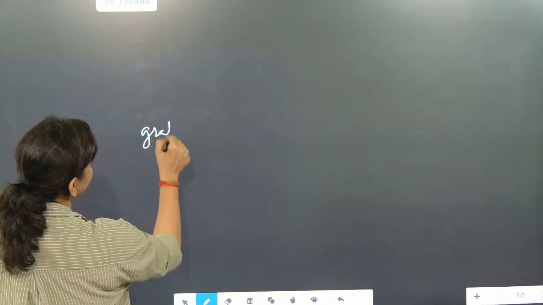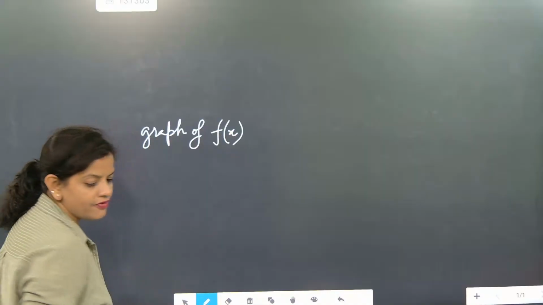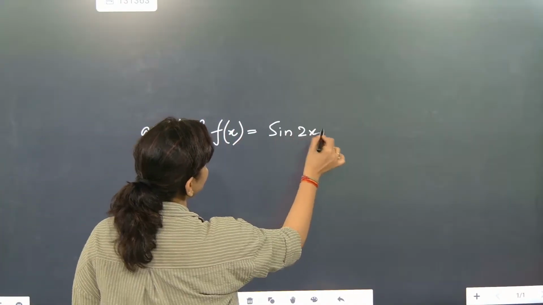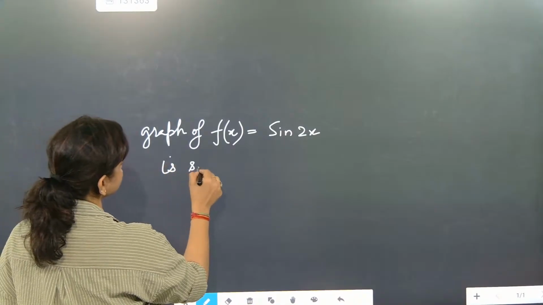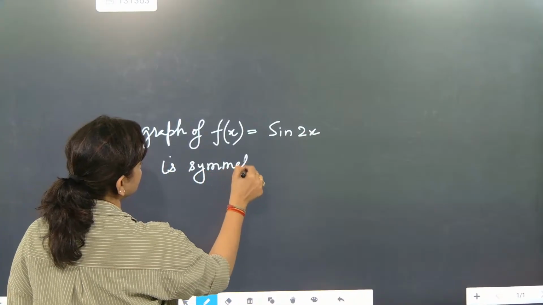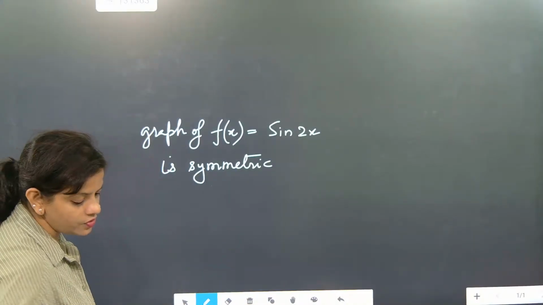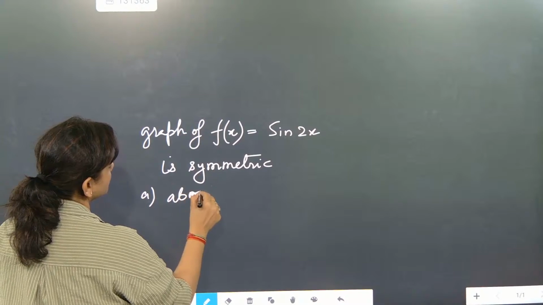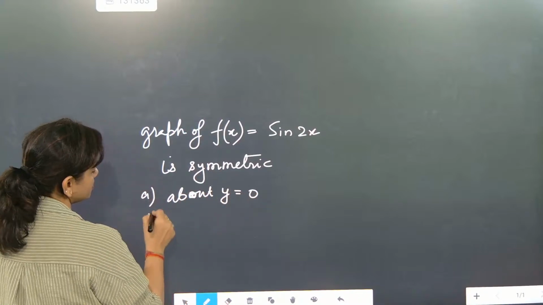Graph of, so I'm going to the second part, Kishore. Graph of f of x is equal to sin 2x is symmetric. It is symmetric about what? Just check this one out. First one, about y is equal to 0.